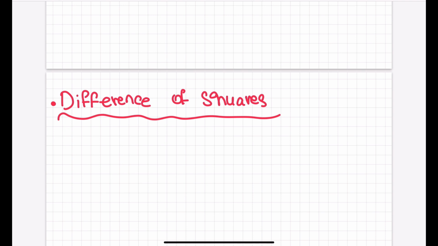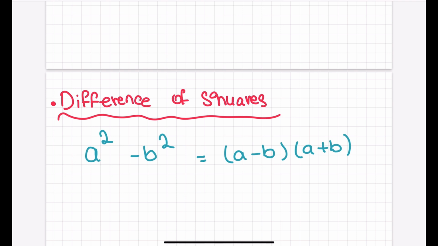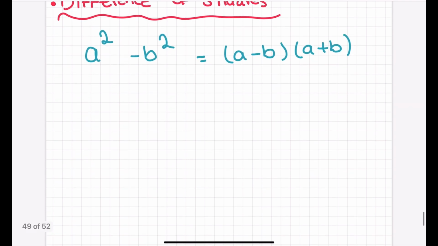Difference of squares happens when two perfect squares are subtracted from each other. Let me show you. The formula is this: a squared minus b squared equals (a minus b)(a plus b).